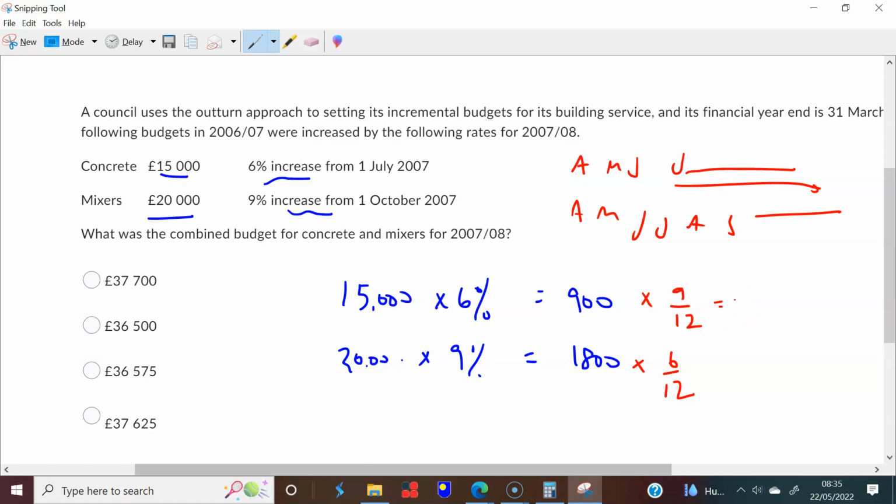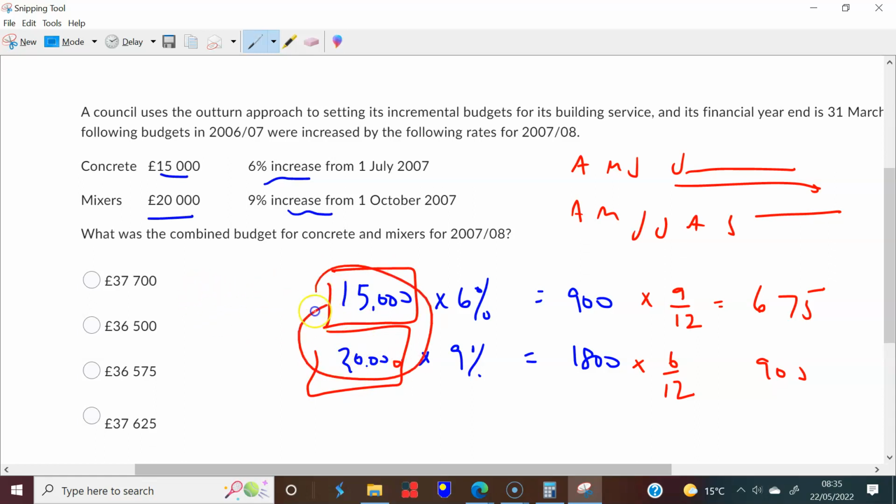9/12 of 900 is 675, and this of course is 900. So we will be topping up these budgets with these changes, won't we? It's 20,000. So in effect, this is currently 35,000.